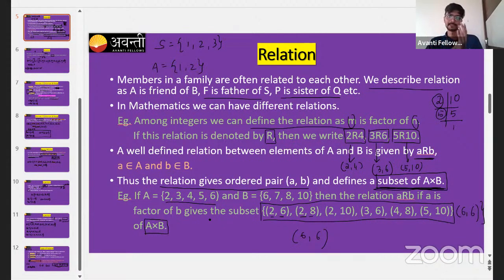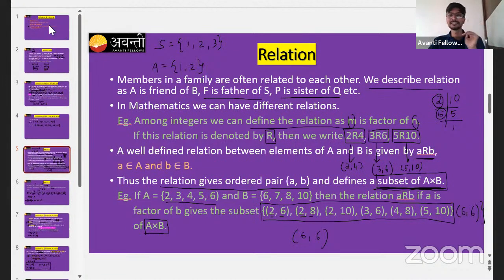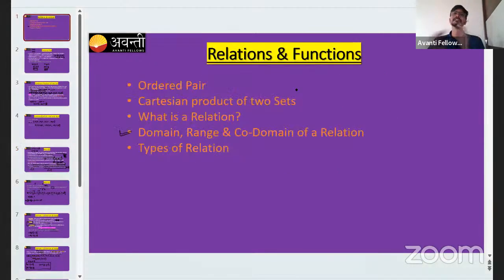The heading of the chapter was relations and functions. So next time, tomorrow, we'll dive into what functions are. We are done with relations. In functions, one thing I would like you to pick up is, again, the domain, range and codomain of a function.